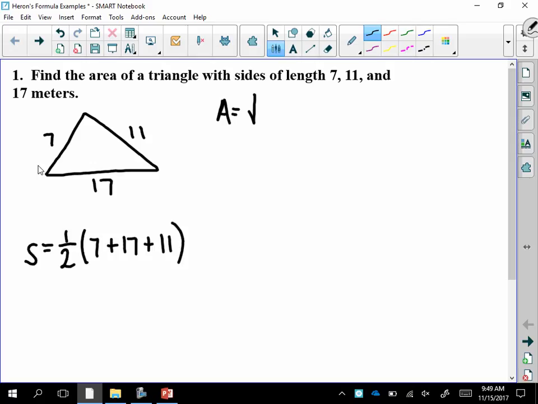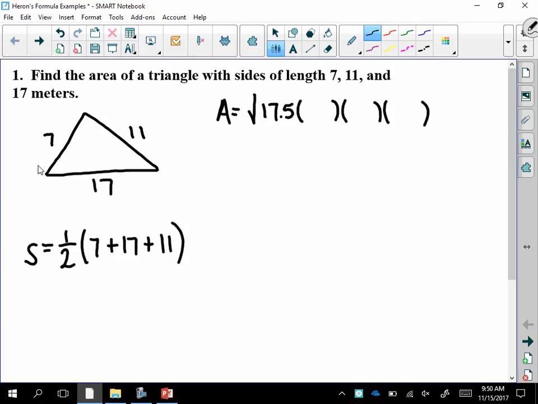So what's 7 plus 17 plus 11? 35, and half of 35 is 17.5. So that's S. And then we're going to multiply that times the semi-perimeter minus each side.